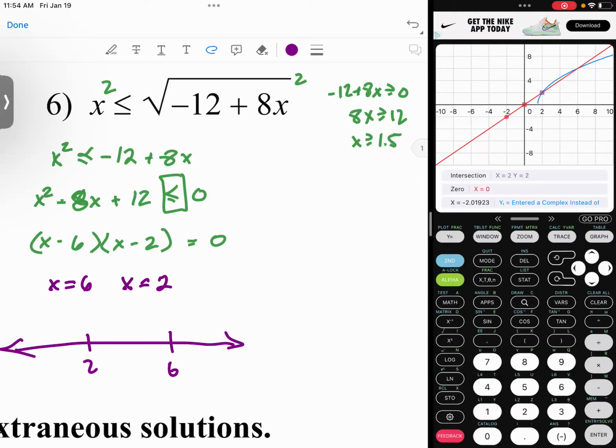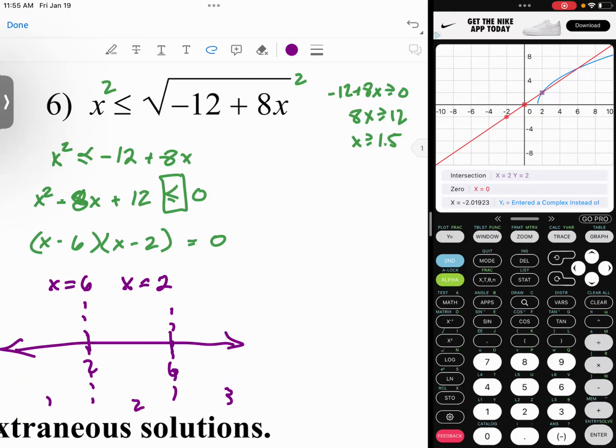So the nice thing about this is the shortcut I promised you, is that these regions will alternate. So basically we've got region 1 here, region 2 here, and region 3 over here. And we want to know which region my solutions are in, or maybe it's both or two of them. But these will only be less than 0 if I plug in a number and it gives me a number less than 0.